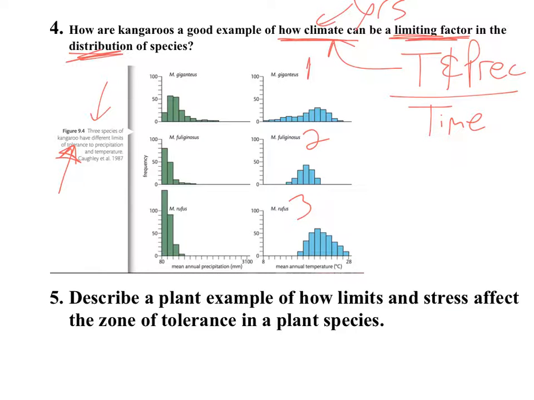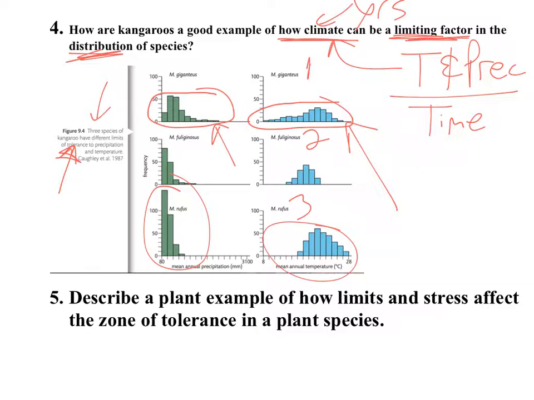So if you look at tolerance, the lowest tolerance is gigantus for both temperature and precipitation. And our highest tolerance is rufus.